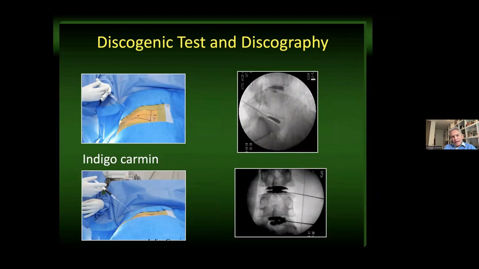When the patient has some other problem in the disc, and we are not sure which one is the cause of the pain, we perform a discography and discogenic test.